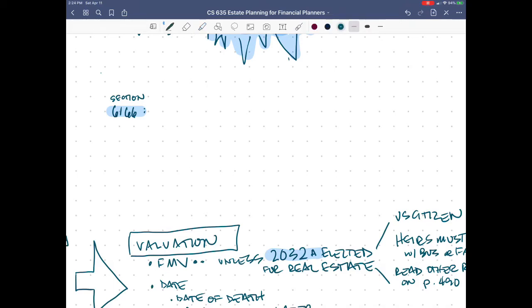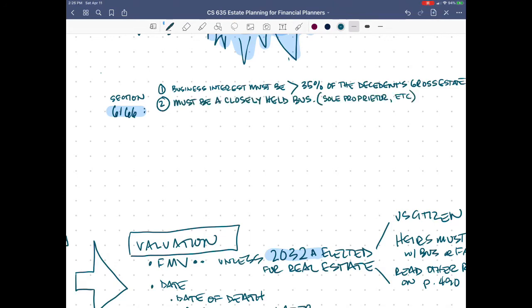So to qualify, 3 things have to be met. Number 1, the value of the business interest must exceed 35% of the value of the decedent's adjusted gross estate. Number 2, the business interest must be a closely held business, a sole proprietorship, a partnership, and so on.